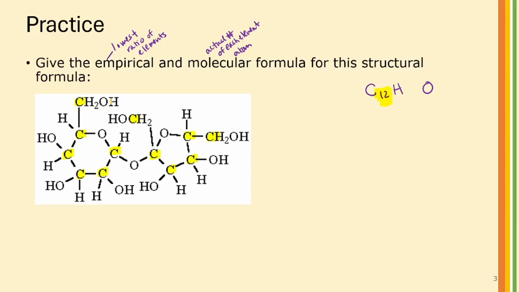All right, hydrogen, there's a lot of them. 1, 2, 3, because there's 2 of them. 4, 5, 6, 7, 8, 9, 10, 11, 12, 13, 14, 15, 16, 17, 18, 19, 20, 21, 22. I think I've got them all. 22.